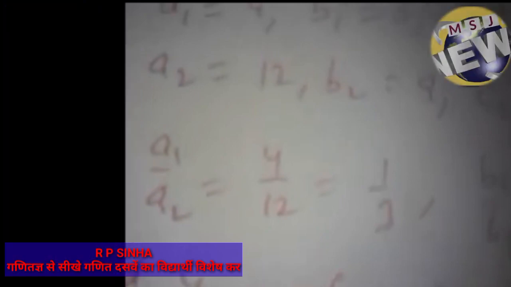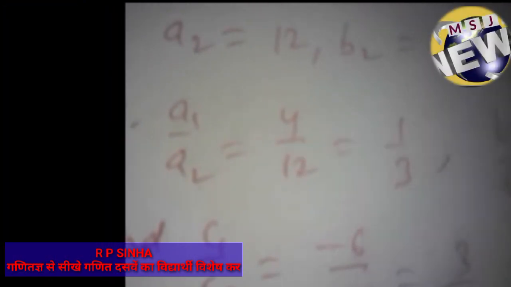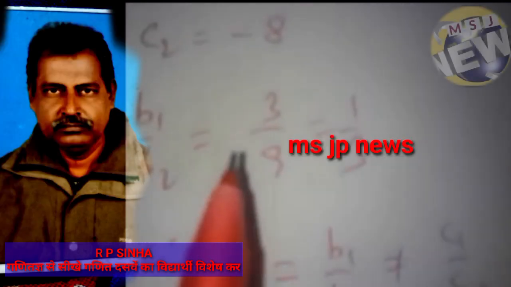Here the ratio of A1 and A2 is equal to 4 by 12, which is 1 by 3. The ratio of B1 by B2 is equal to 3 by 9, which is also equal to 1 by 3.